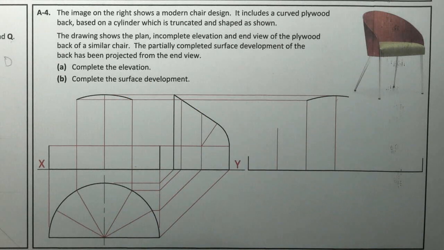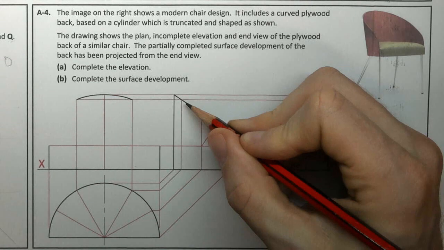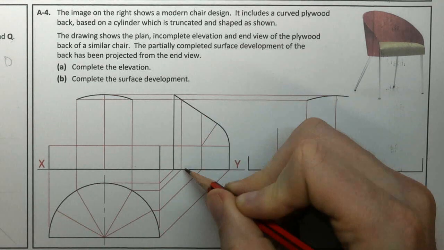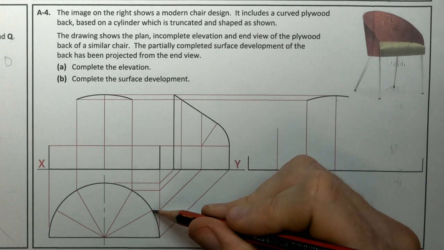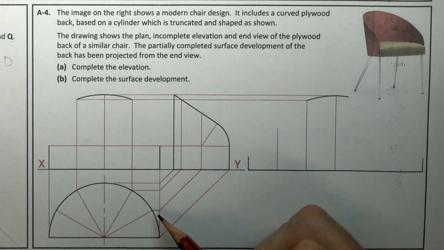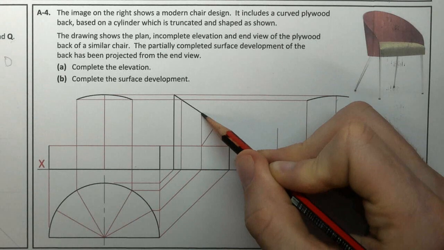Complete the elevation. Part of this is great because they've already indicated to us the position of these generators, and we need generators. So let's use them to complete our elevation. We can see there we have points that correspond. We're going to use the next set of generators, and they have those corresponding heights there for us.